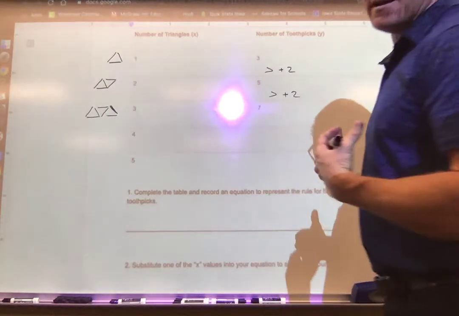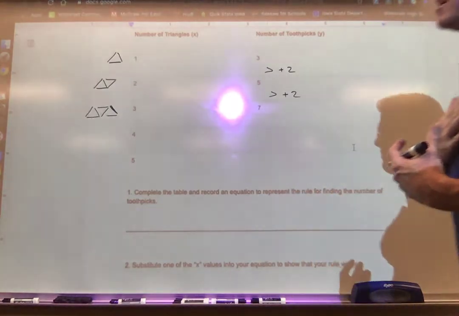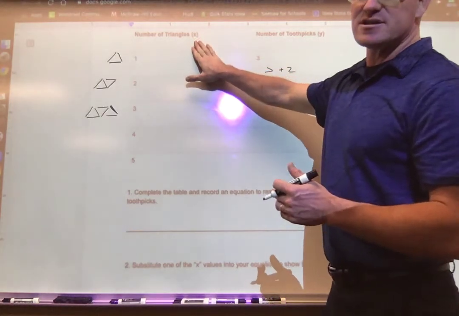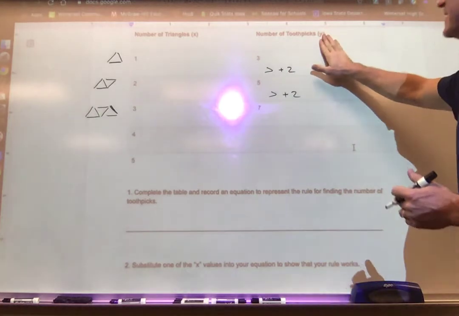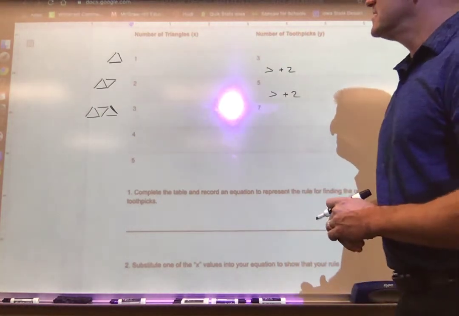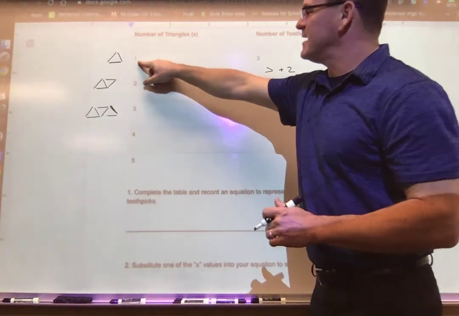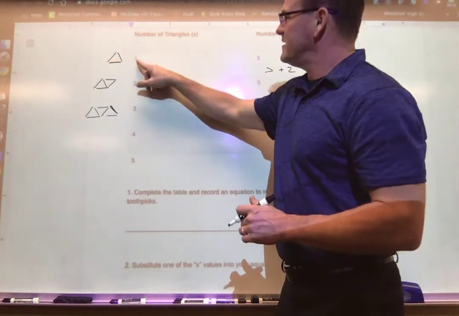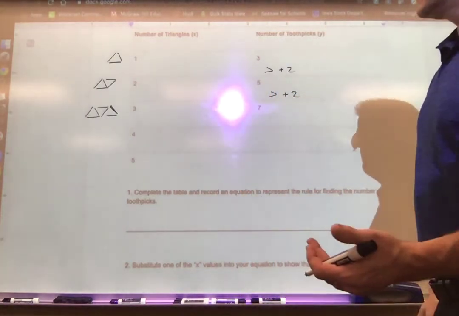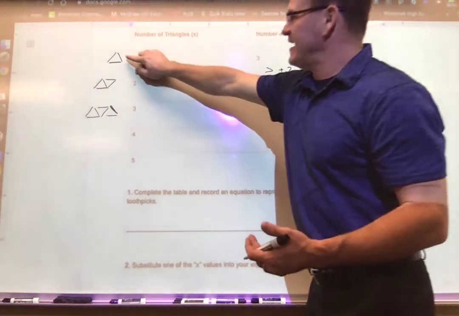But what I'm seeing here, and again, these are hard for me too, I always struggle with these. What am I doing to the X to get the number of toothpicks, the Y? X is going to represent the number of triangles. When I have one triangle, what if I just started with 1 toothpick, and I have to add 2 more?